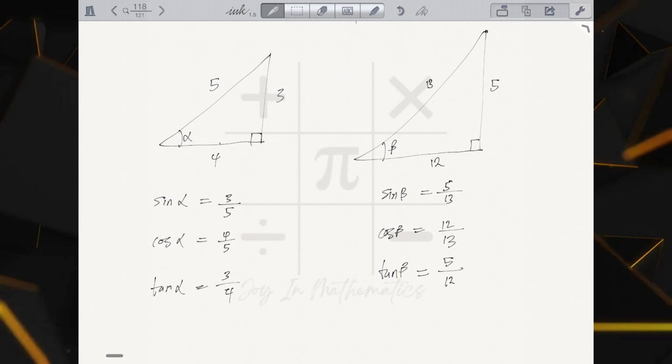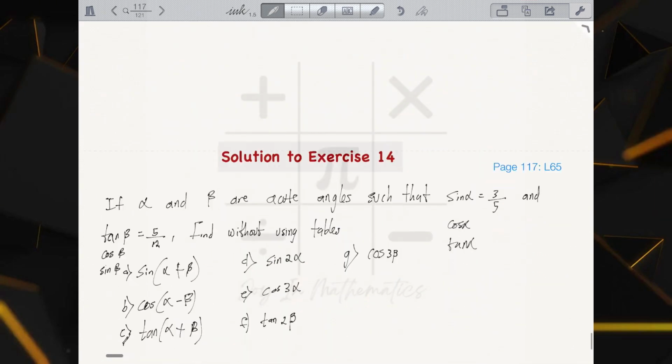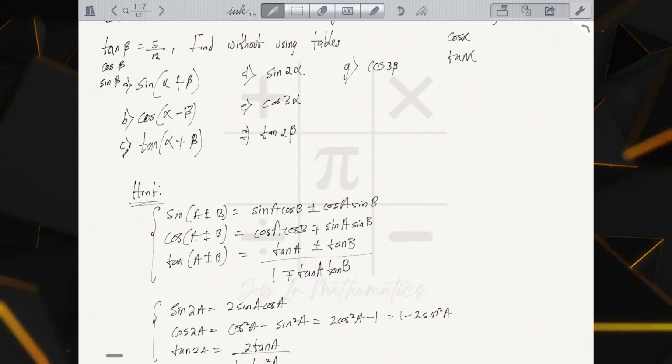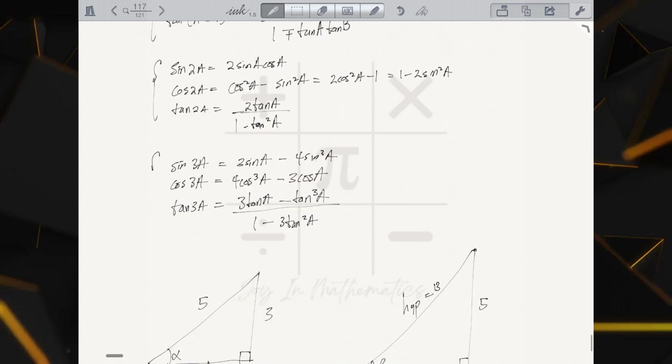The first question says we should simplify sine(alpha + beta). We are going to be using the expression sine(a + b) is equal to sine a cos b plus cos a sine b.